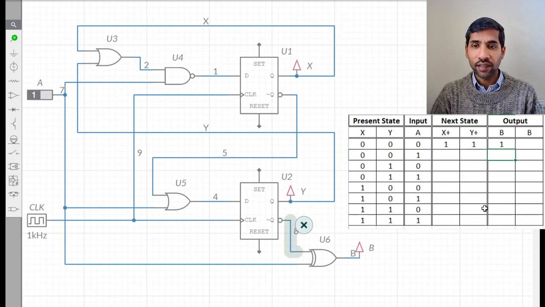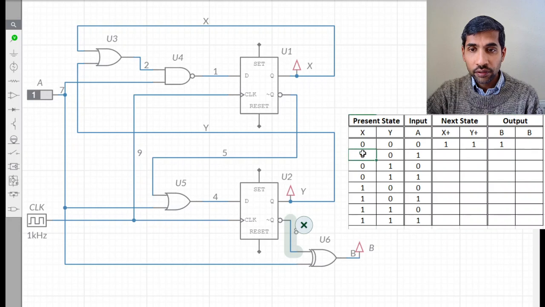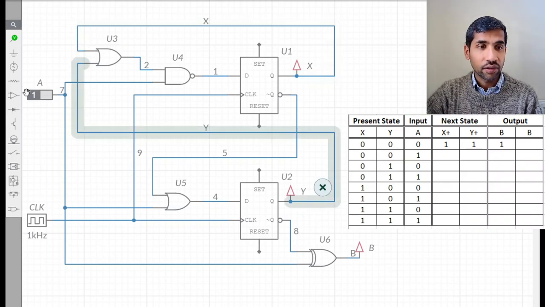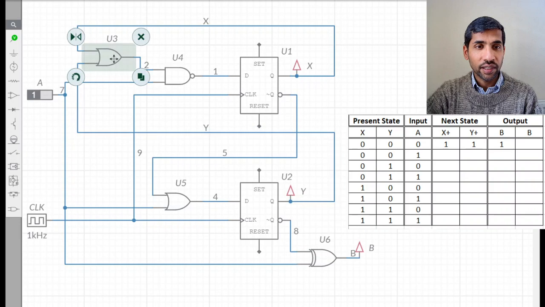So let's do another one. Let's say X and Y are 0, 0, and your input A is 1. If Y is 0, what are the inputs to this OR gate here?